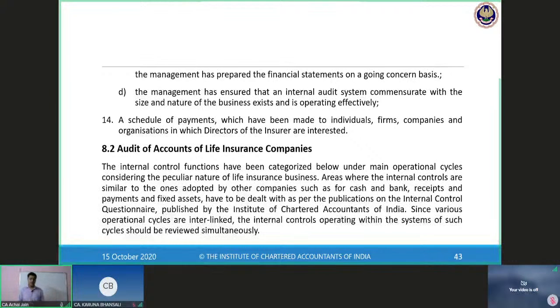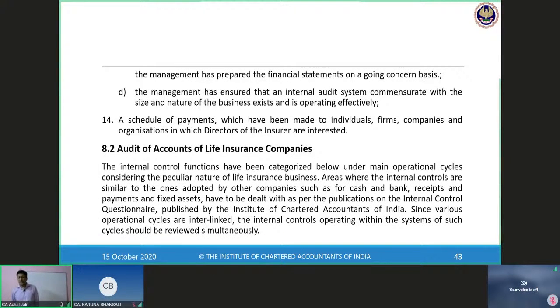Now let's move on to the audit of accounts of life insurance companies and some of the aspects that we need to consider. Internal control functions have been categorized below under main operational cycles, considering the peculiar nature of life insurance business. Areas where internal controls are similar to the ones adopted by other companies, such as cash and bank, receipts and payments, fixed assets, have to be dealt with as per the publications on internal control questionnaire issued by ICAI.